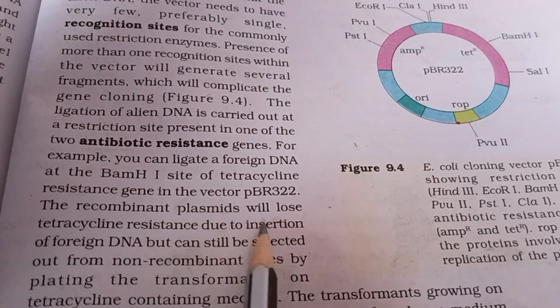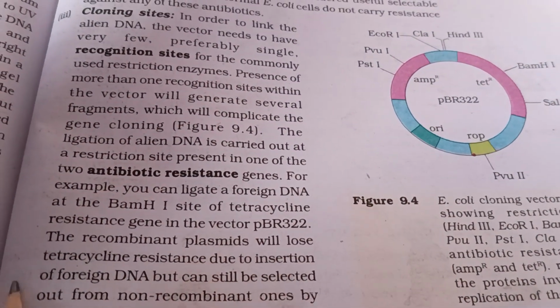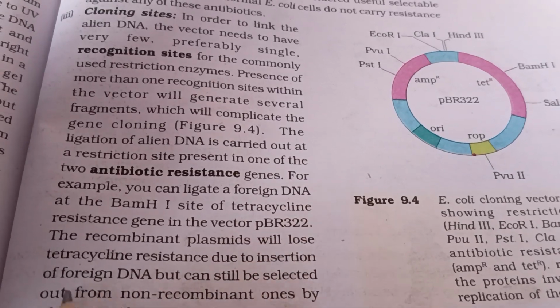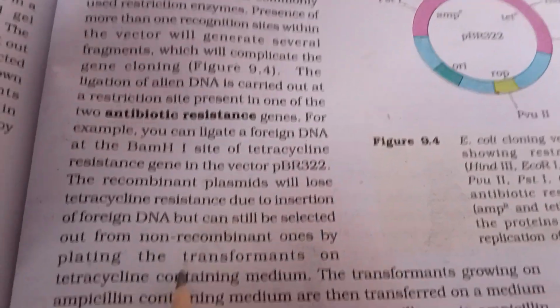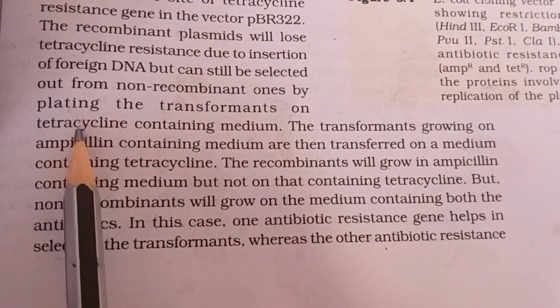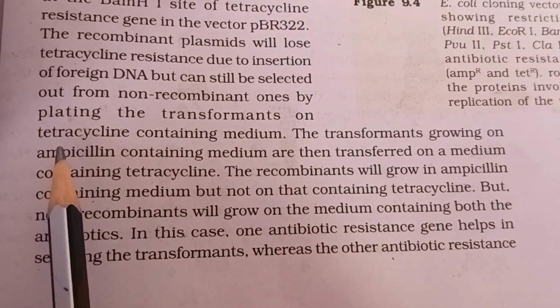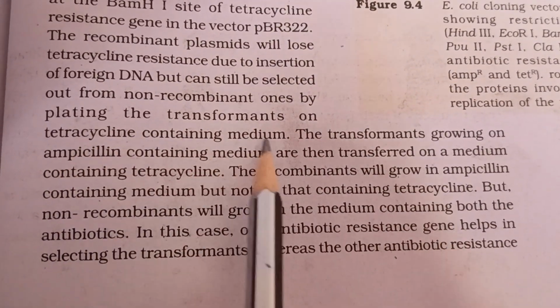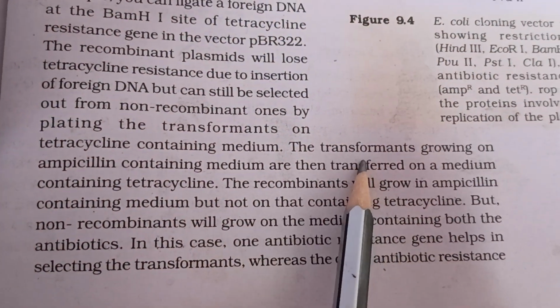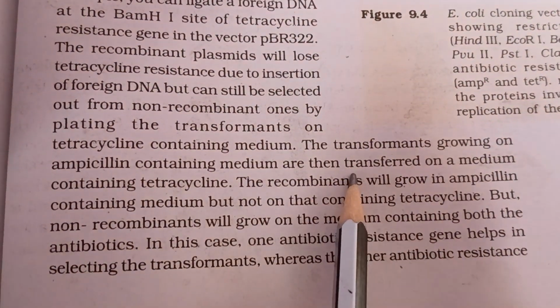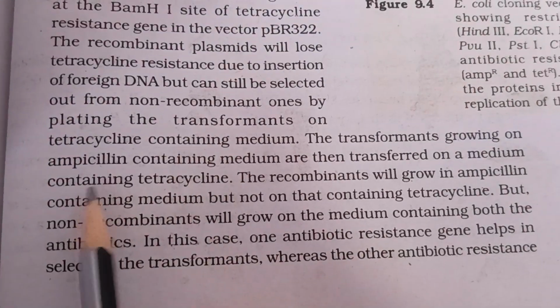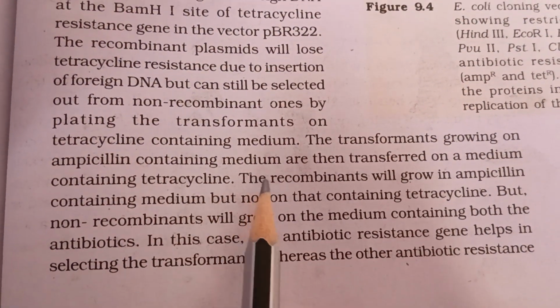The recombinant plasmid will lose tetracycline resistance due to insertion of foreign DNA, but can still be selected out from non-recombinant ones by plating the transformants on tetracycline containing medium. The transformants growing on ampicillin containing medium are then transferred on a medium containing tetracycline.